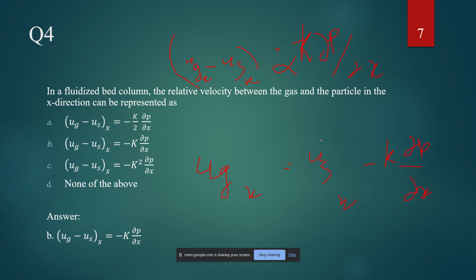It is the same equation, where we have taken it to the other side and used. So this is question 4, wherein we have seen the relative velocity between the gas and the particle in the x direction can be represented as ug minus us is equal to minus k dou p by dou x.